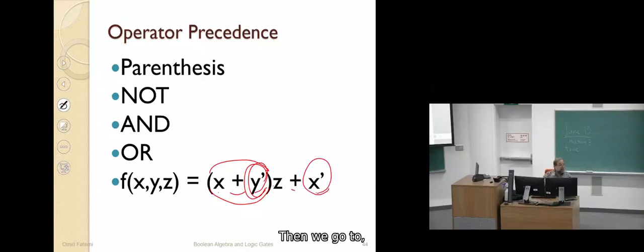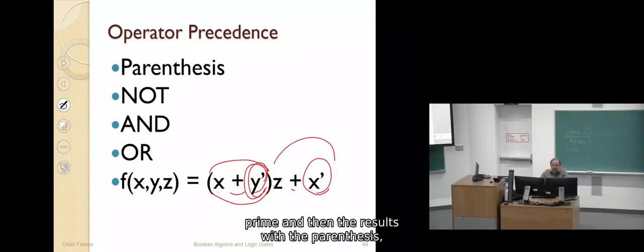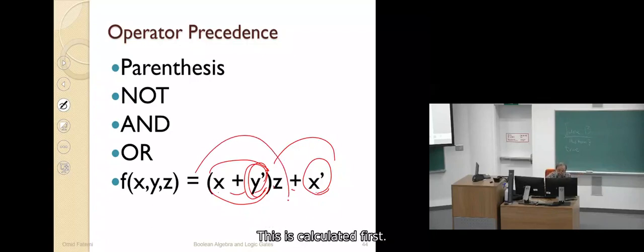Then we go to AND. For example, here, you don't OR z with x prime and then AND the result with the parenthesis. No, we should calculate this AND first. This is calculated first, and then ORed with x prime. So these are the precedences.